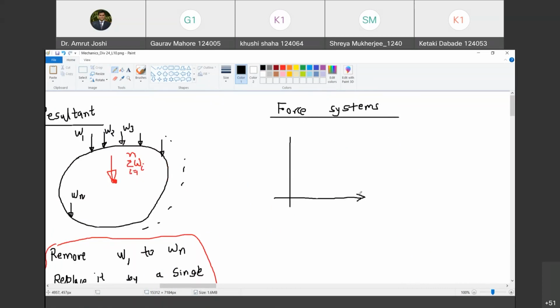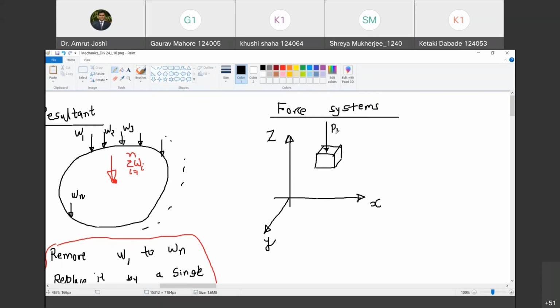I'm going to show you few diagrams. Let us say this is x-axis, this is y-axis, and this is z-axis, and this is a cube oriented in a space, and it is acted upon by such kind of forces.